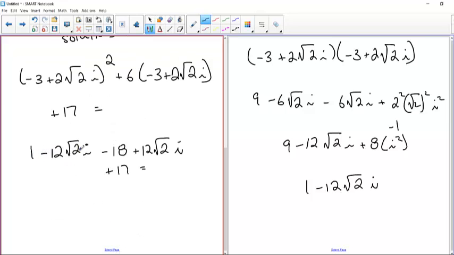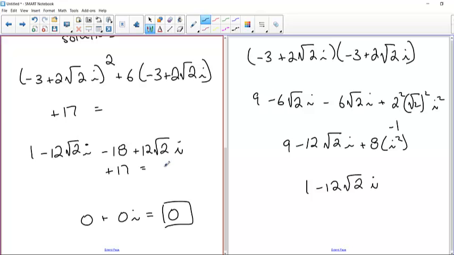So we'll get 1 plus 17 is 18, minus 18 is 0. And negative 12 square root of 2i plus 12 square root of 2i is 0i, which is 0.